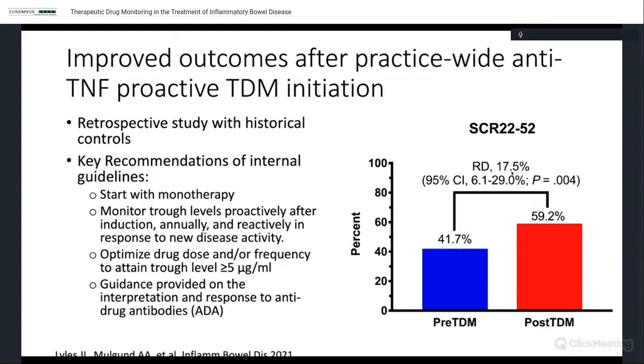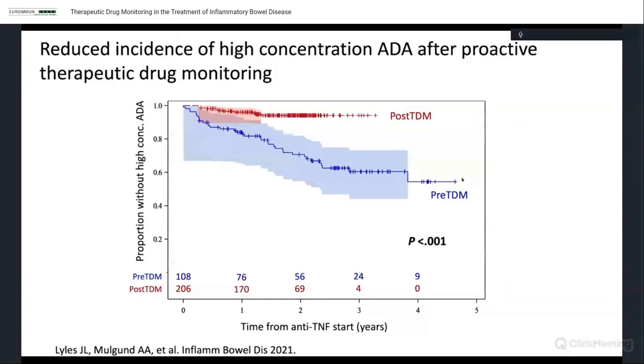And this held up to multivariable logistic regression to address any confounders or potential differences between the two groups, which were quite similar overall. We also found that there was a reduced incidence of the development of higher titer clinically significant anti-drug antibodies in the patients managed after the TDM guidelines compared to those managed before, as shown in this Kaplan-Meier curve.